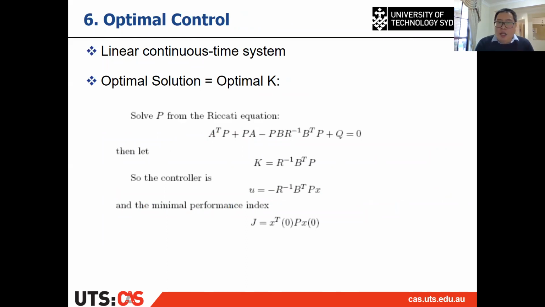But in the linear continuous time, let's recall the optimal control in the linear continuous time system. So the optimal control is about getting an optimal K, right?